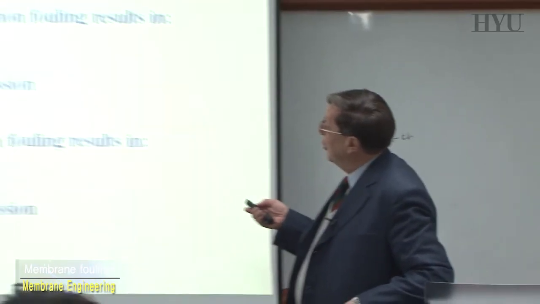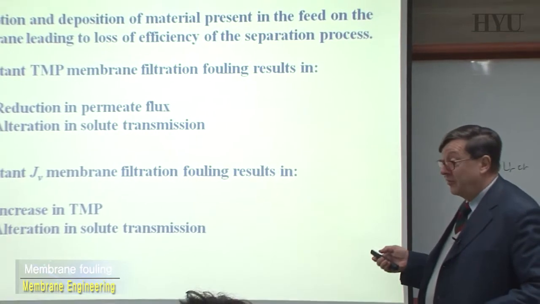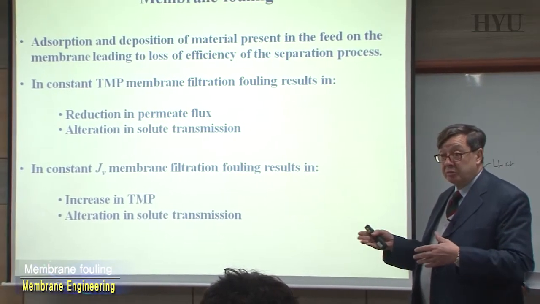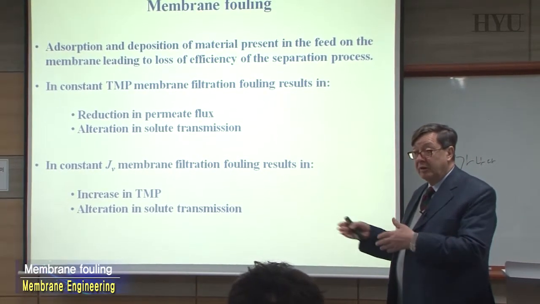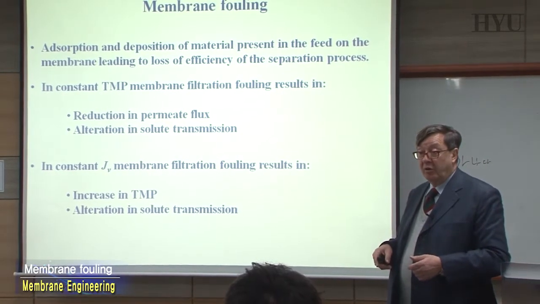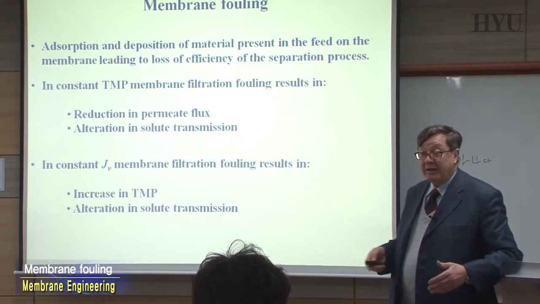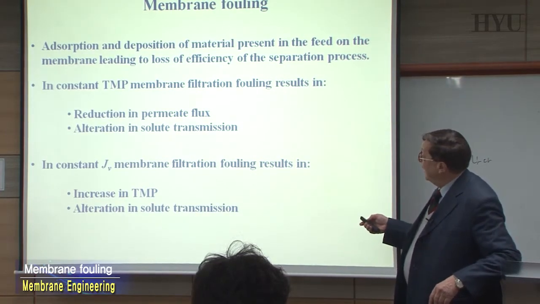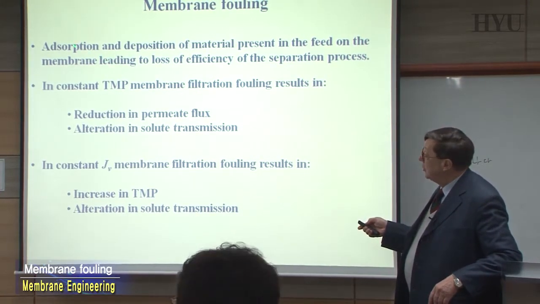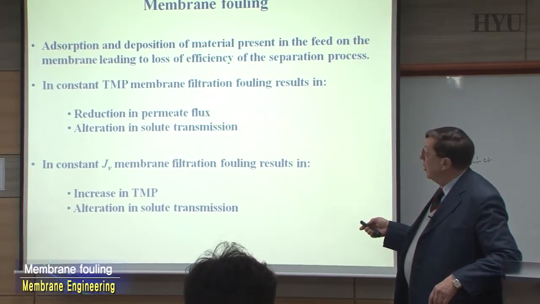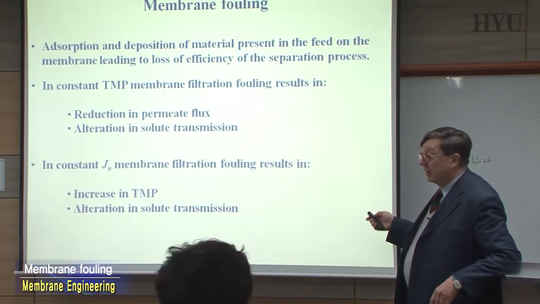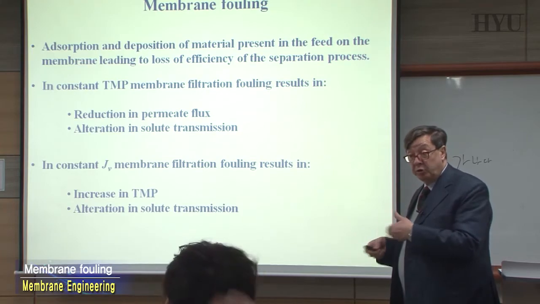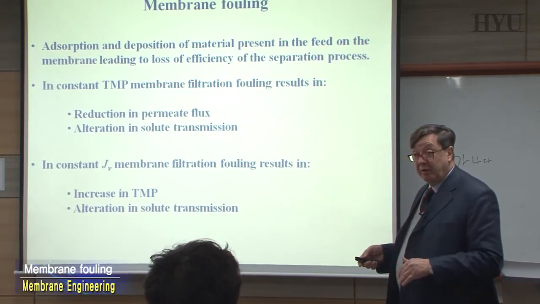And basically, the origin of the fouling is the fact that during the separation, extraction of water from seawater, or treatment of any kind of aqueous or non-aqueous solution, you can have phenomena in which you can have adsorption or deposition of some material which are present in the feed solution that you are treating on the membrane surface.